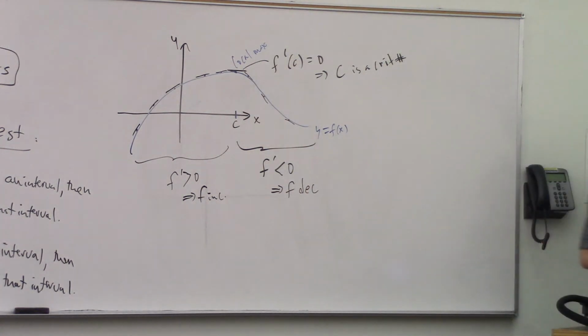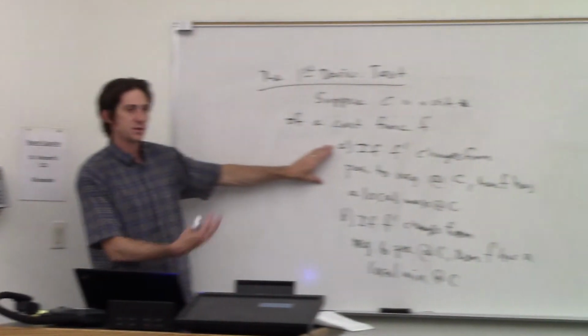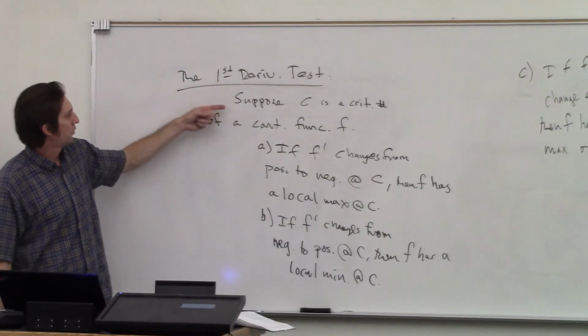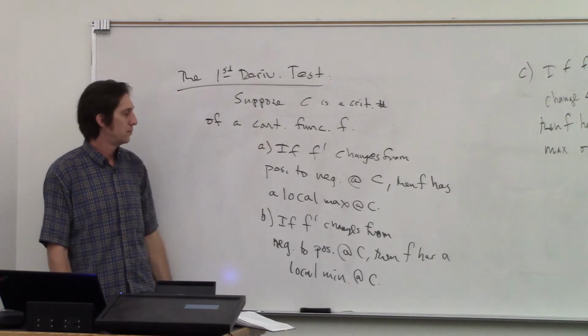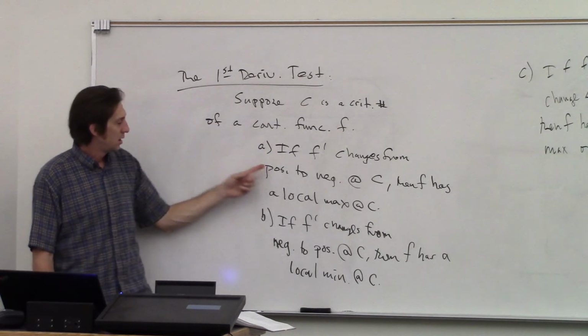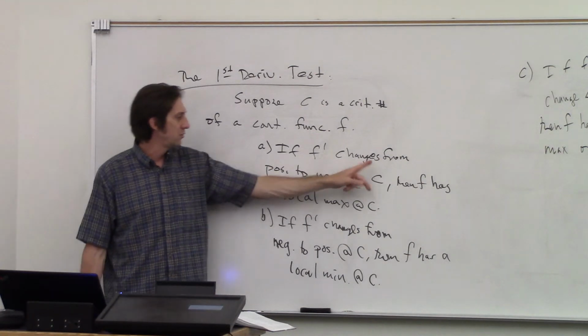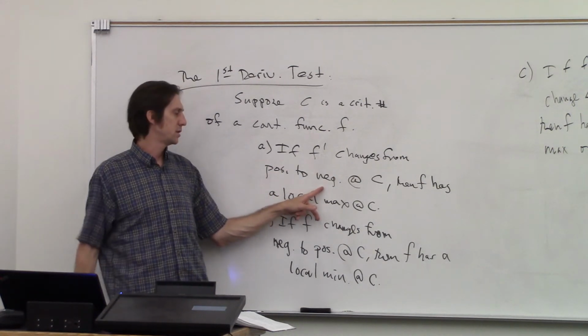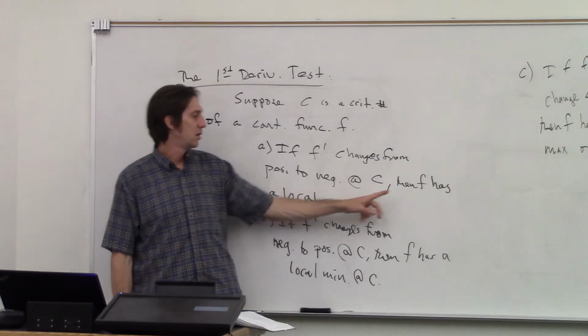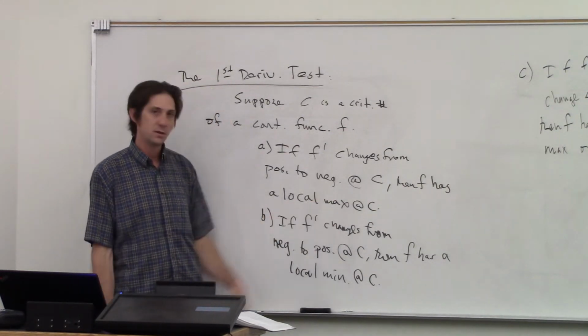So that is part A of what's called the first derivative test. We're assuming that c is a critical number of a continuous function f, and here's what just happened. If my derivative f prime changes from positive to negative, so the function goes from increasing to decreasing, at the critical point, then the function has a local max.